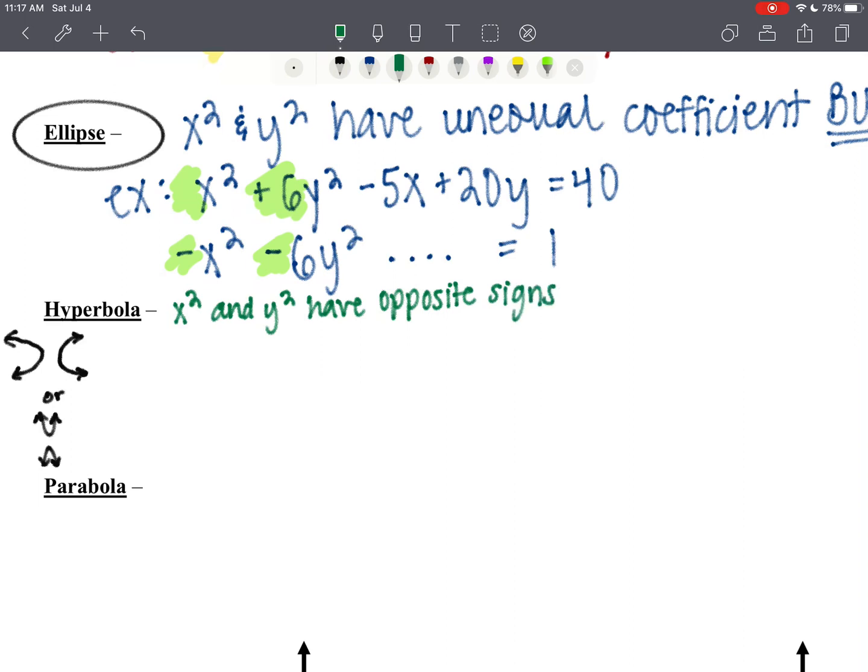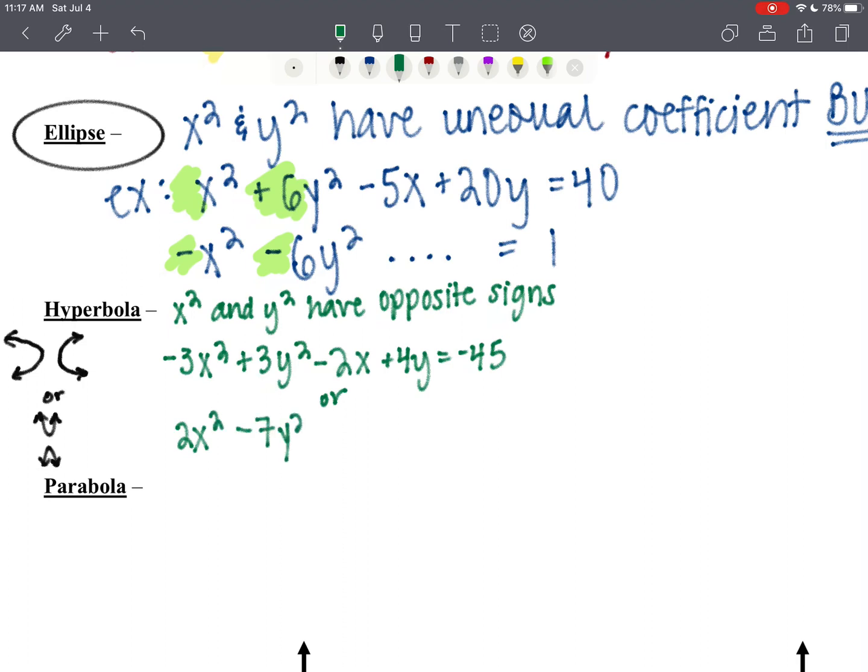So an example, you could have negative 3x squared plus 3y squared minus 2x plus 4y equals negative 45, or you could have positive 2x squared minus 7y squared plus 5x plus 3y equals negative 20. These are two examples of hyperbolas.